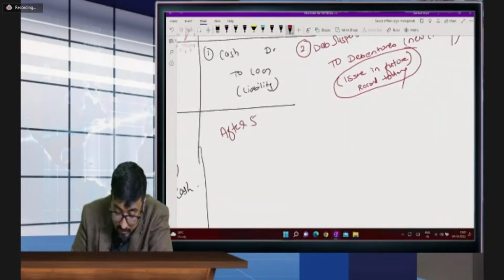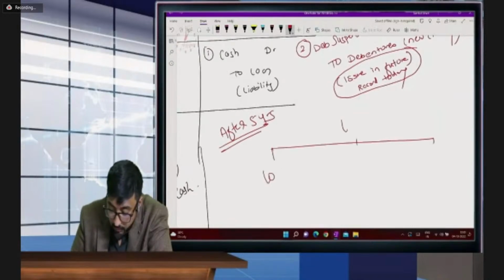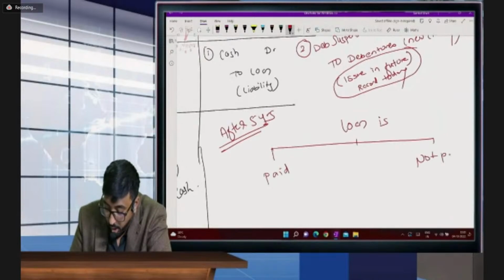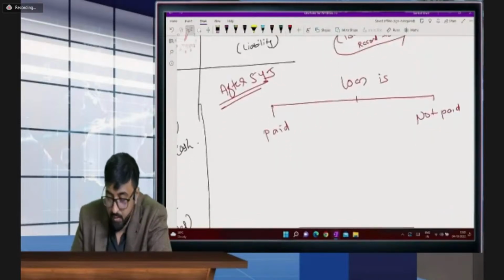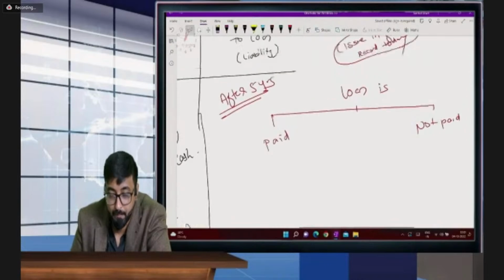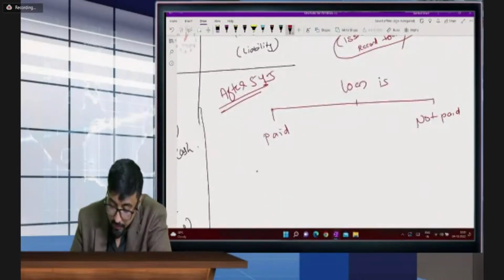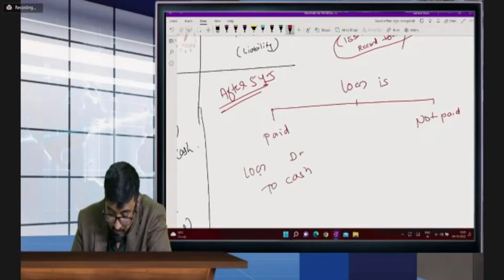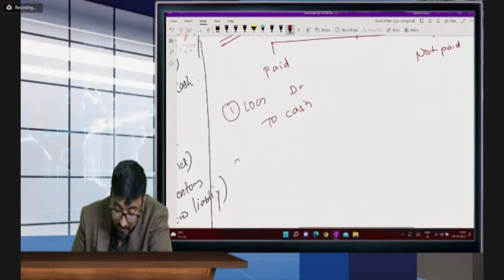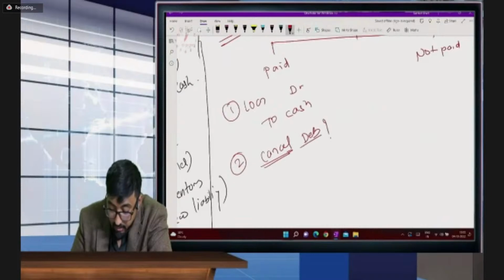After 5 years, loan is paid, not paid. Loan is paid: loan account debit to cash, and cancel debentures entry.